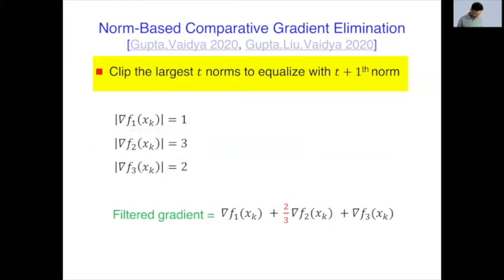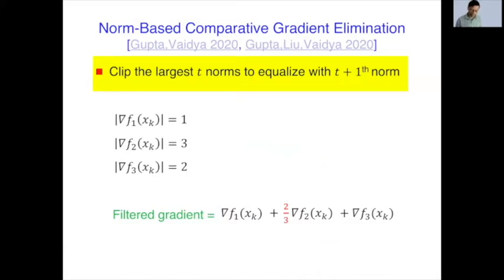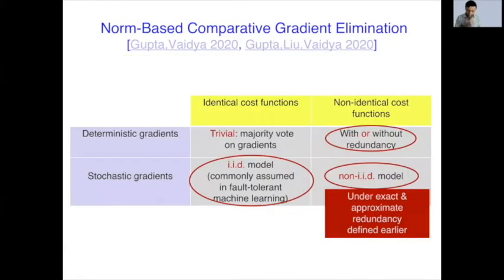And then the filtered gradient is simply the summation of these 3 gradients. Two of them are the gradients that were sent by the agents, and this one has been clipped. We just add them up, or you can average them, it doesn't really matter. Similar behavior. This particular algorithm has been applied to several, in fact all, of the settings in this table by now.